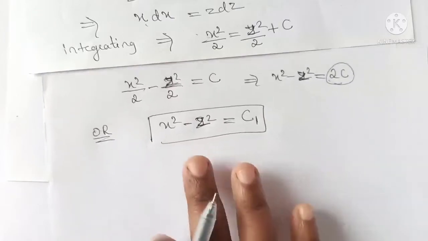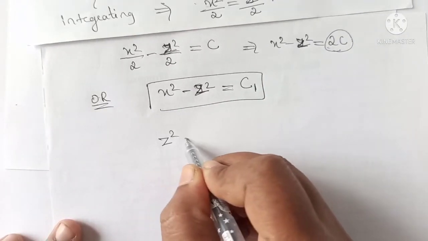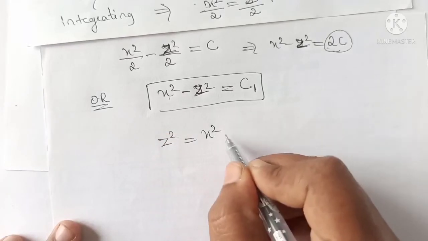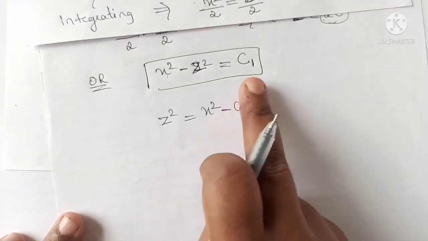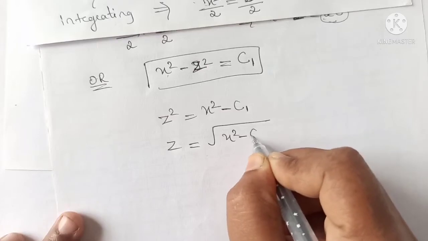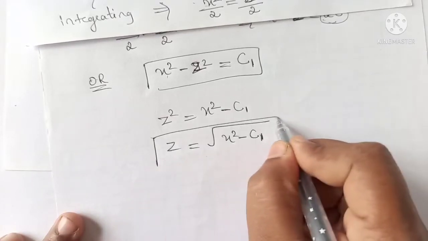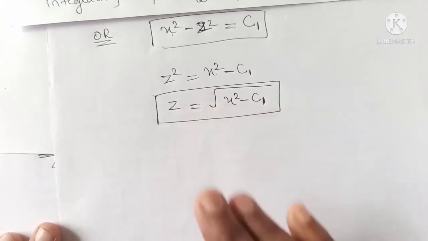So z square can be written as x square minus c1, so that z can be written as root of x square minus c1. This value we use to get the second independent solution.